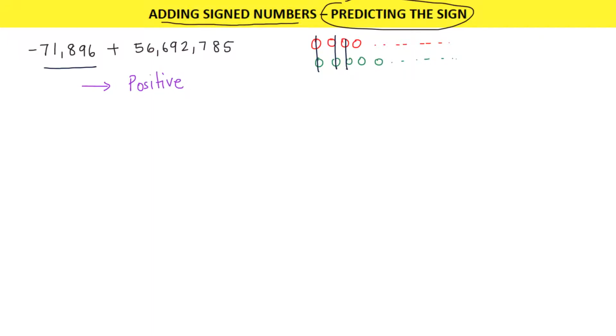Another way to think about this is the absolute value of the positive number is more than the absolute value of the negative number. So the negative number will get cancelled out and you'll still have some positive left over. And if you think about your bank balance, imagine that you had an overdraft or a loan of 71,896, which is your negative bank balance.